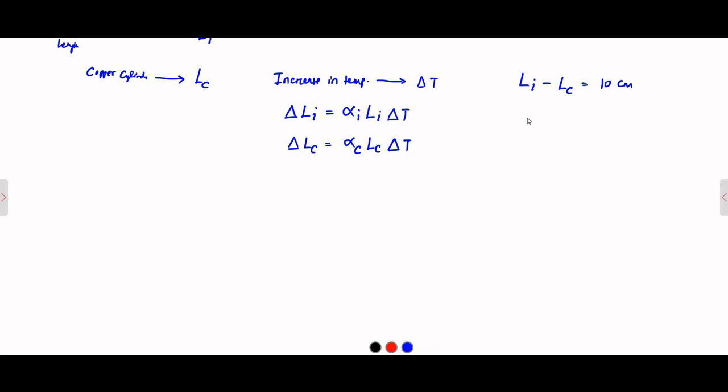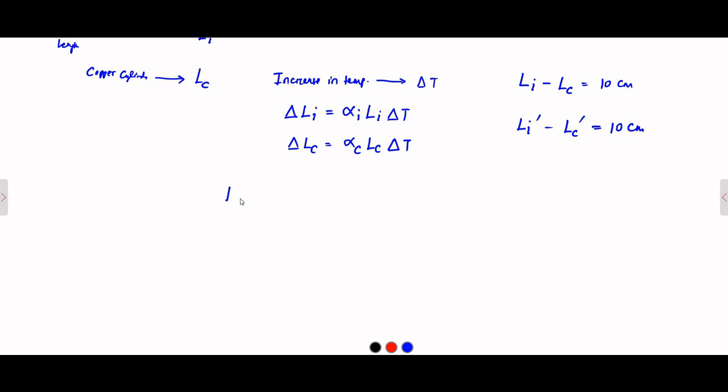That is the main condition. So let's say the increased lengths after an increase in temperature of delta T are Li dash, and for copper Lc dash. So this difference should remain the same, that is also 10 centimeter.